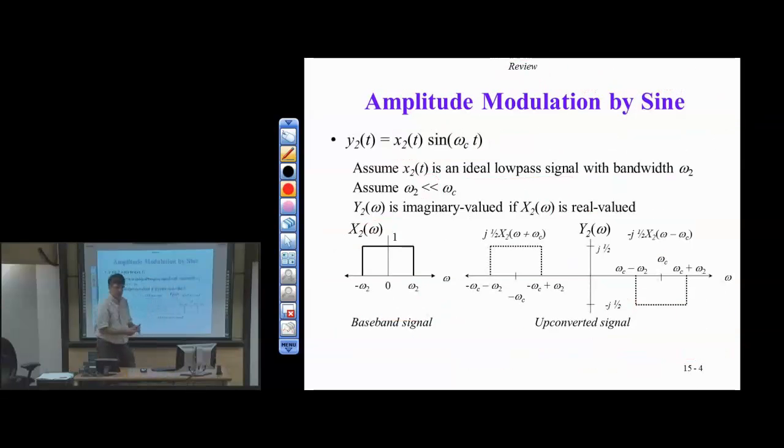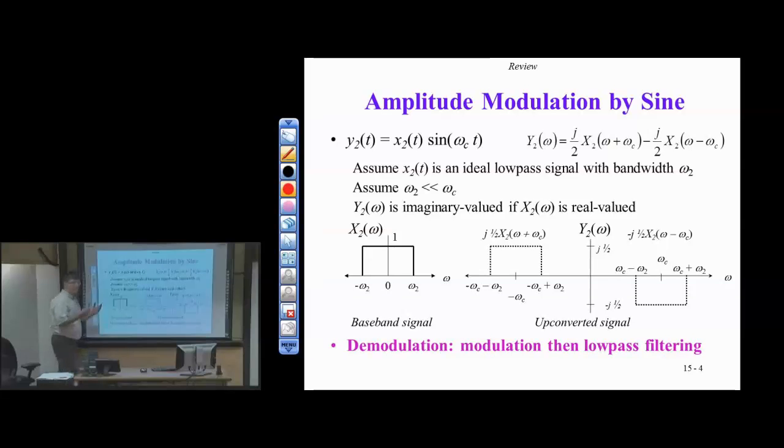Let's do the second channel for QAM. So we'll have another channel that's PAM, a different PAM signal, X2. This is the second baseband PAM signal, and it's going to be upconverted through sinusoidal amplitude modulation by a sine wave at carrier frequency omega c in radians per second and a 0 phase for the purpose of this slide.